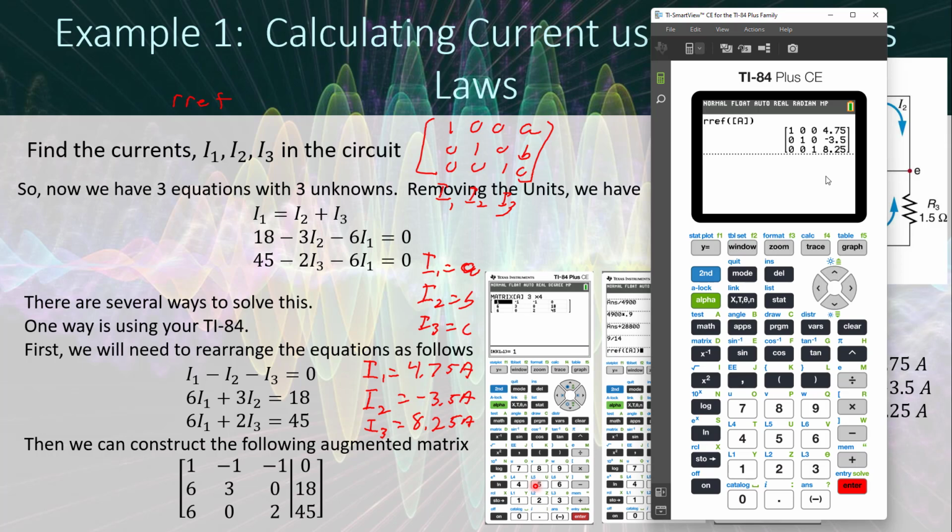Now, let's suppose that you are doing another problem, or another circuit which produces another matrix. To solve that, you don't need to go through the entire process. Again, what you can do is use your history.